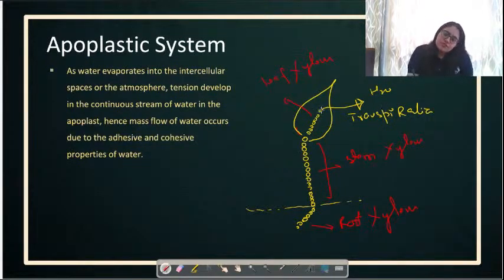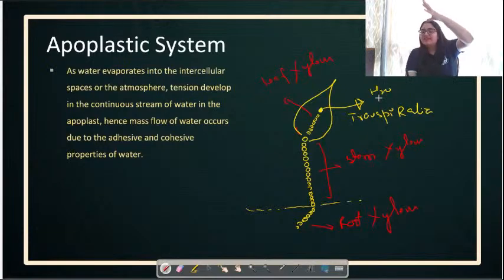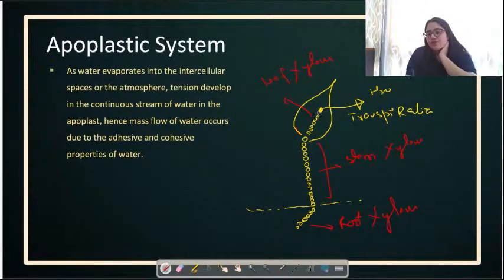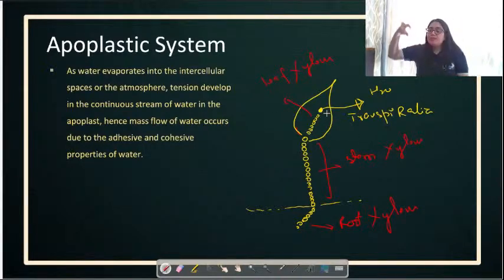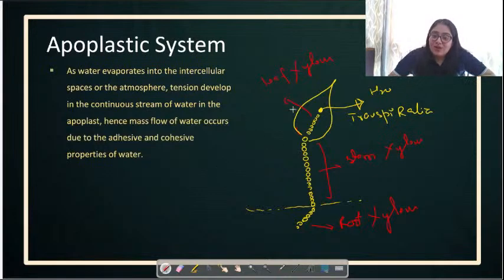So if this particular molecule will evaporate and skip, there will be creation of a tension over here, because of which the surrounding next water molecule will be pulled, so that the just next water molecule will take the place of this water molecule.